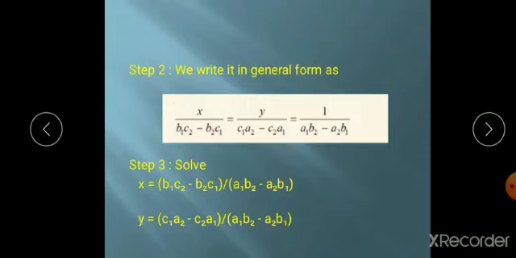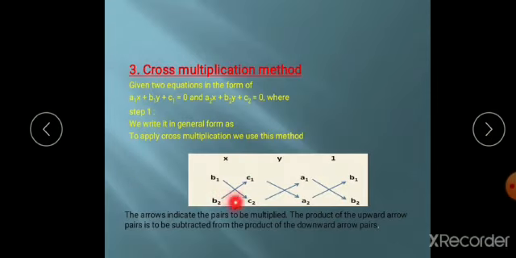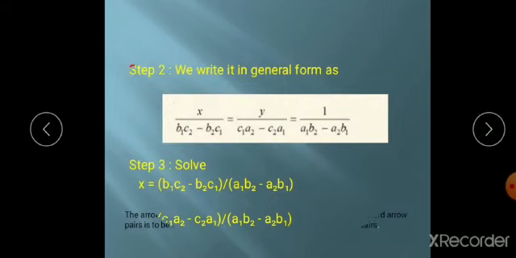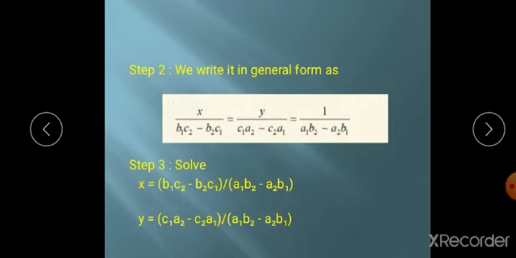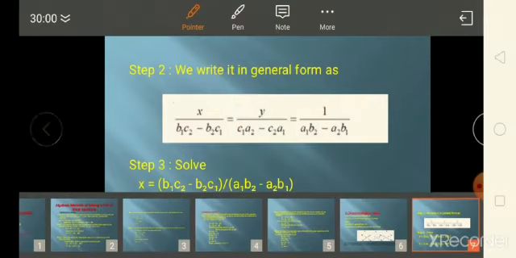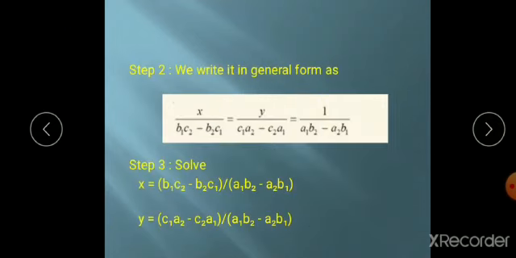So now if you see this, x divided by b1 c2 minus b2 c1, and y divided by c1 a2 minus c2 a1, and 1 divided by a1 b2 minus a2 b1. So you will get it like this. After doing this, you have to compare x with this constant term and y with this constant term.